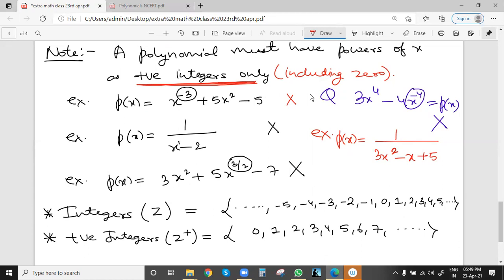Once this goes up, the negative sign will come, so it will be 3x square minus x plus 5 to the power minus 1. So all the terms will become negative, and basically it will not be a polynomial. Yes sir, got it. 1 by 3x square minus x plus 5 will not be considered a polynomial because it will have negative powers of x.